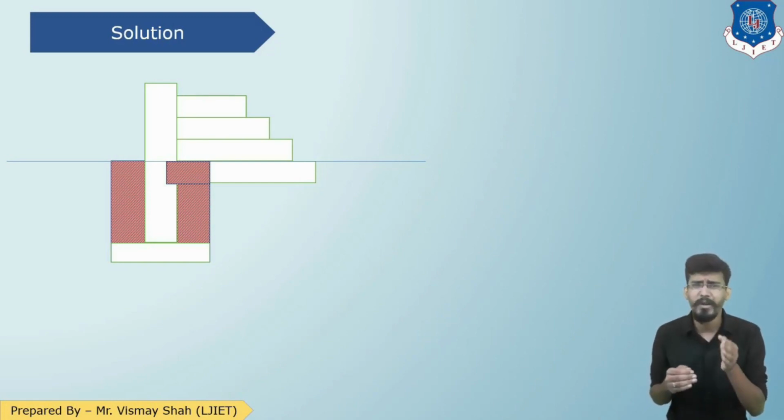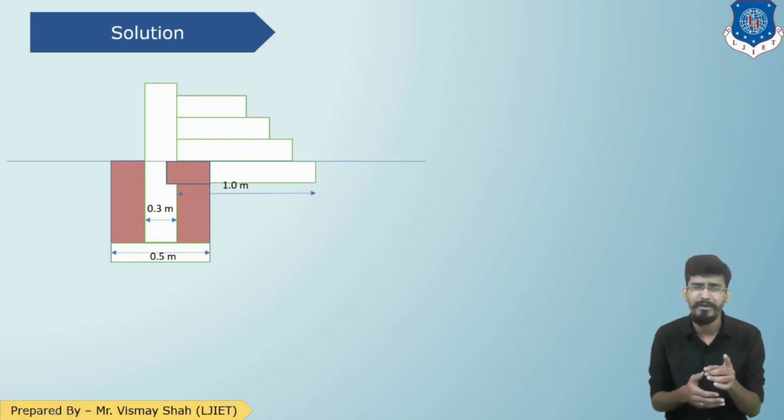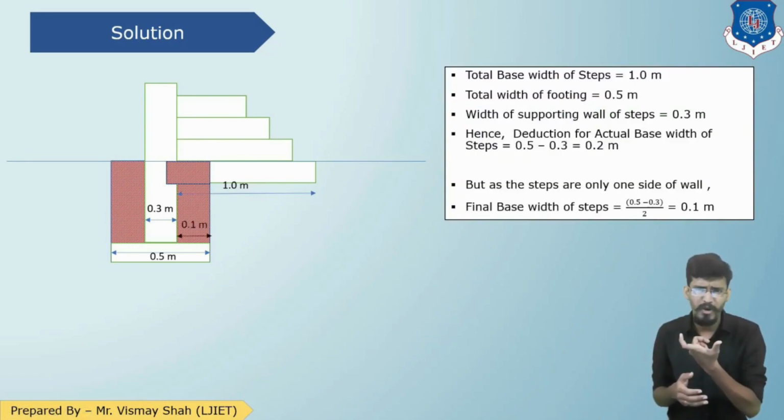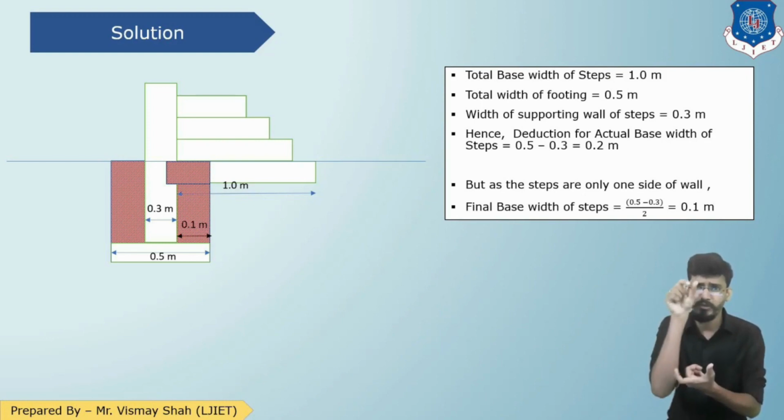So the original width of the step footing is 1 meter. The common base footing is 0.5 meter. The wall thickness is 0.3 meter. From that 0.5, 0.3 meter wall is appearing. So if I deduct 0.5 minus 0.3, I get the remaining amount as 0.2.